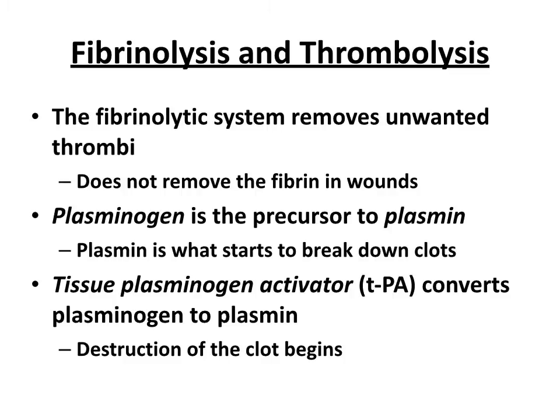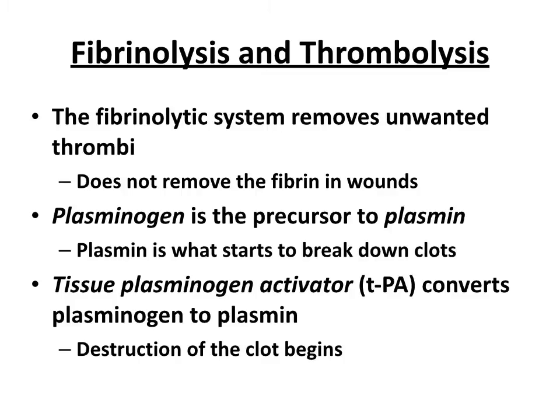Okay, so it's the fibrinolytic system that removes unwanted thrombi. It doesn't actually remove the fibrin from the wound; it degrades the clot. The big thing to know about fibrinolysis and thrombolysis is that a big player is plasminogen, the precursor protein to plasmin, which is the big molecule involved in dissolving clots, okay?